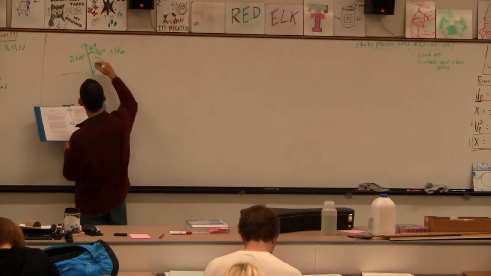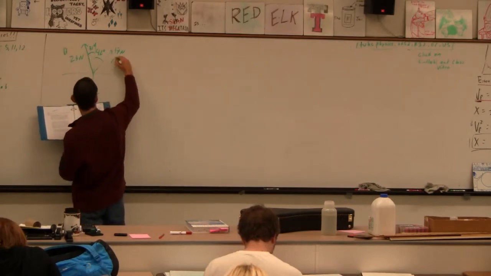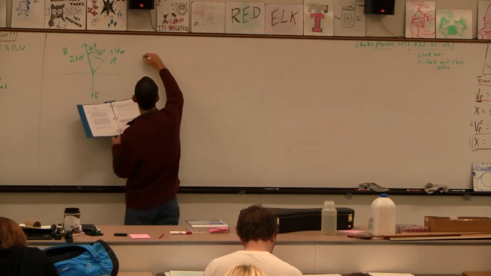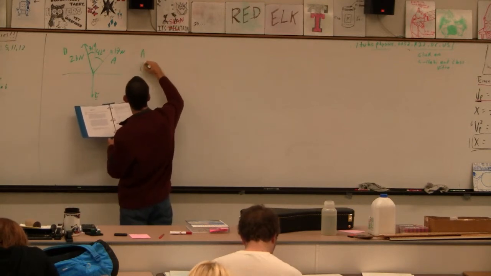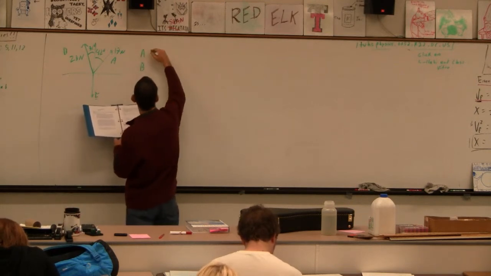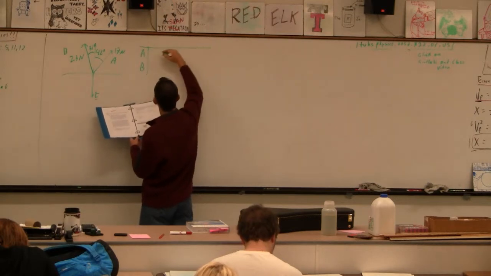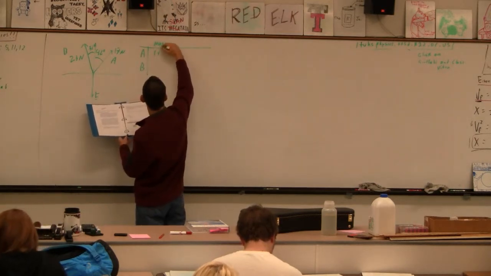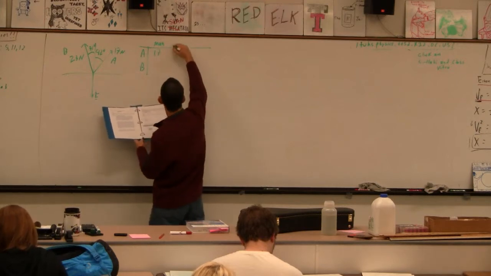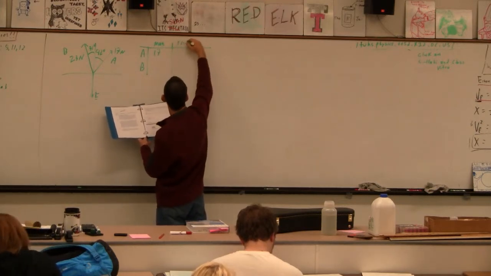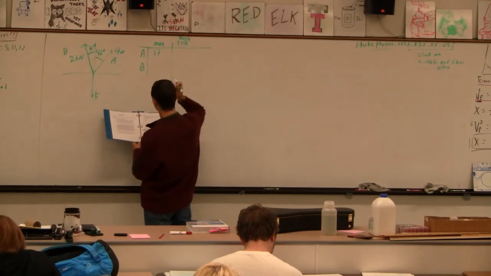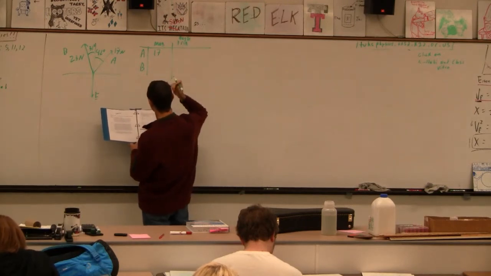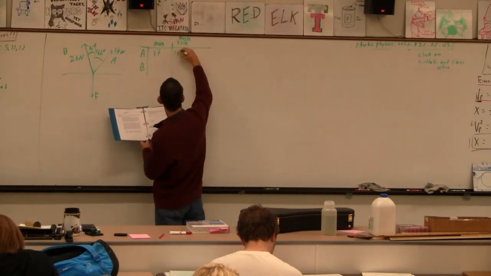So I'm going to call this one B, this one A. The magnitude of A is 17 newtons, and the trig angle is going to be 90 minus 42, which is 48 degrees, is that right?